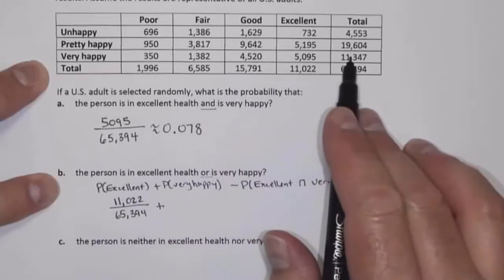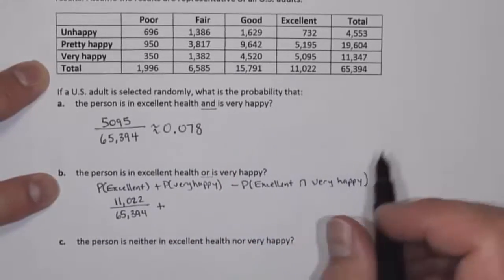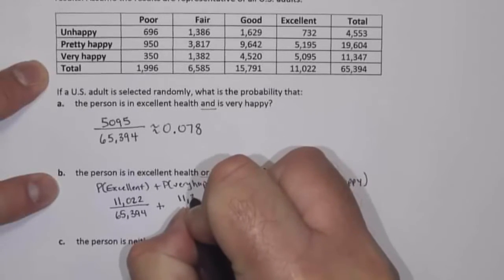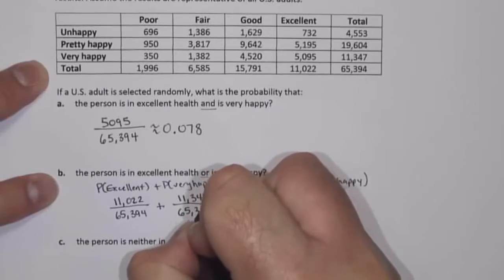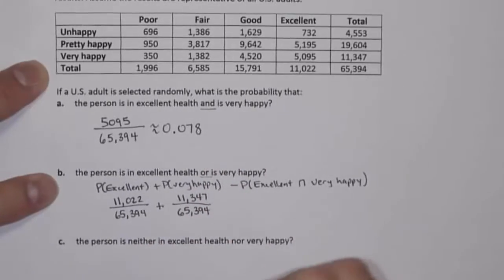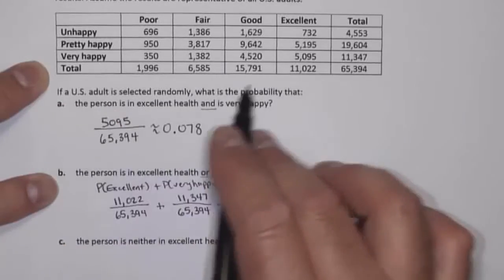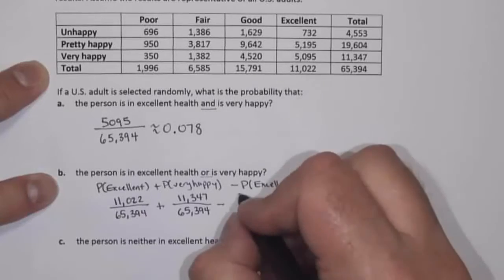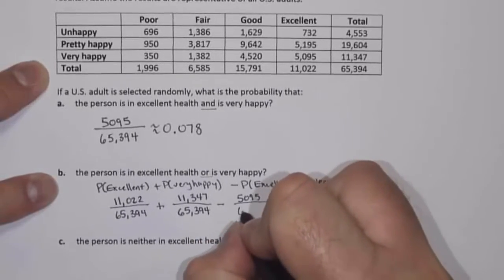Well, if I look across this row, there were 11,347 that are very happy. So 11,347 out of 65,394 minus what's the probability that they're in excellent health and very happy? Well, that's what we did up here in part A. That's 5,095 out of the 65,394.